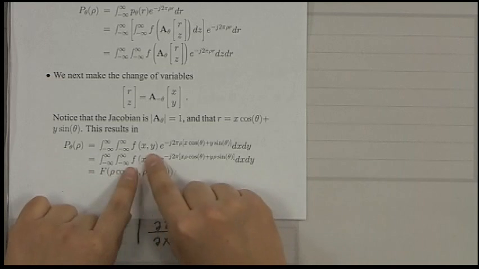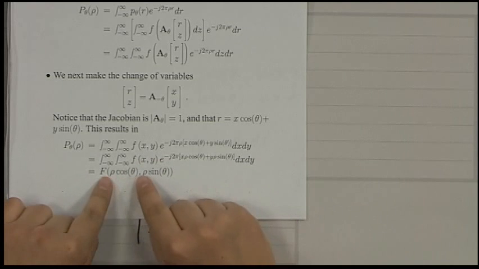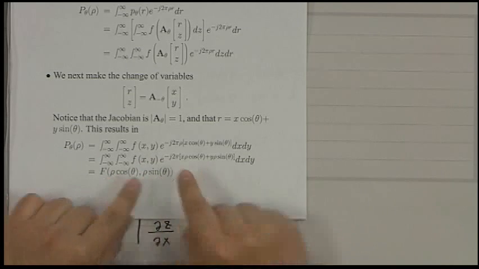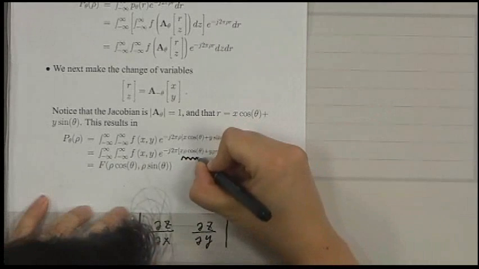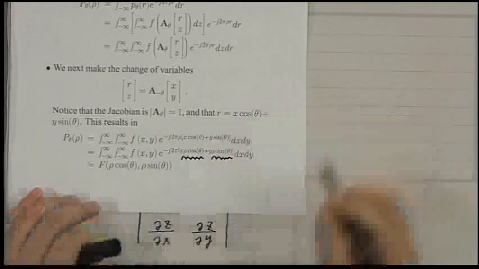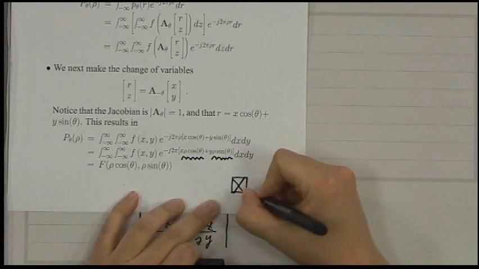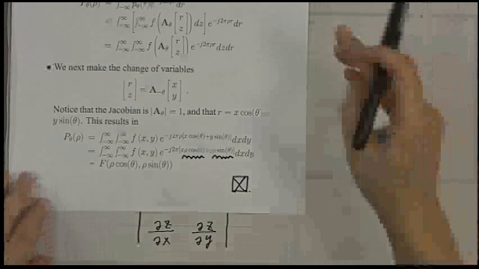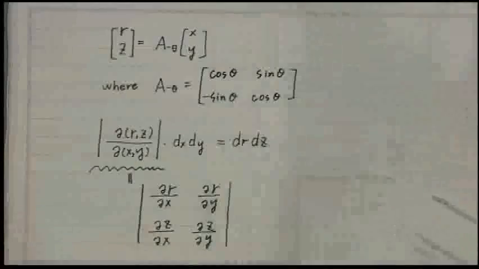So this is a Fourier transform of f(x,y), but this u, v takes the values rho cosine theta and rho sine theta because of this. And this is the end of the proof. So this is the first proof. Basically what we need is just to keep plugging in the variables.